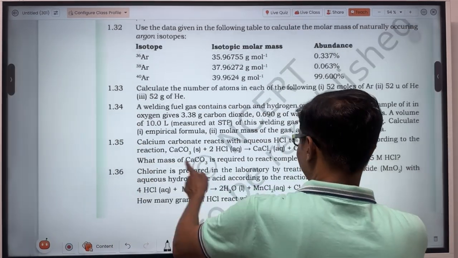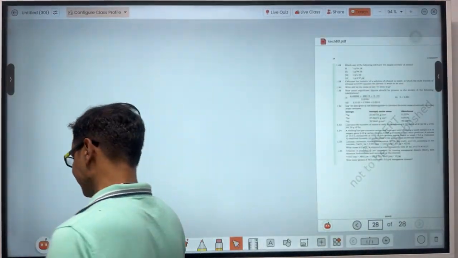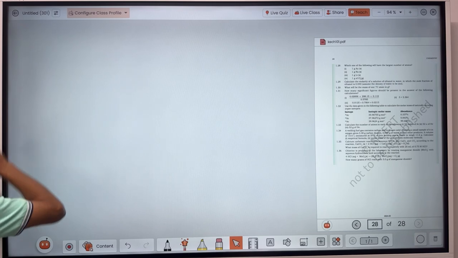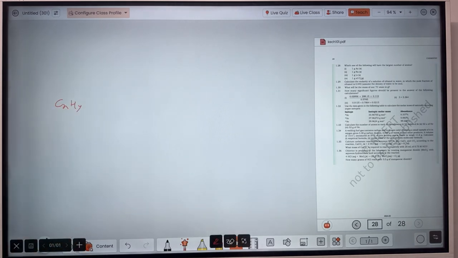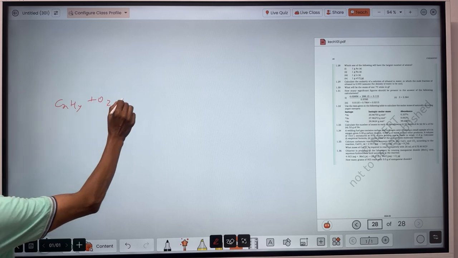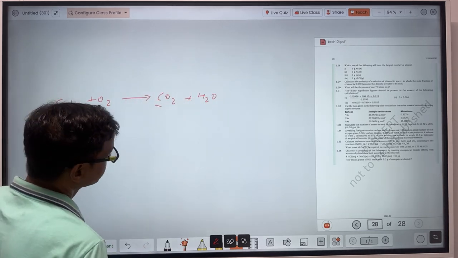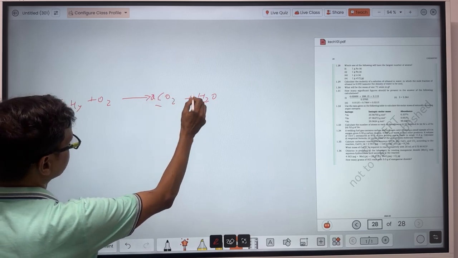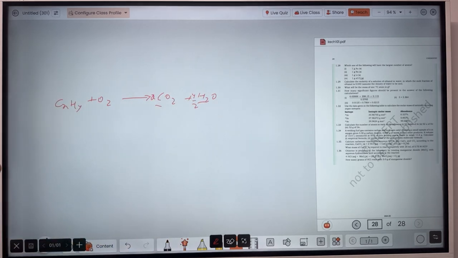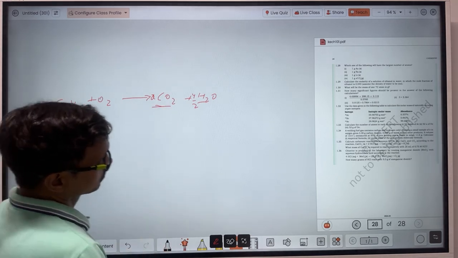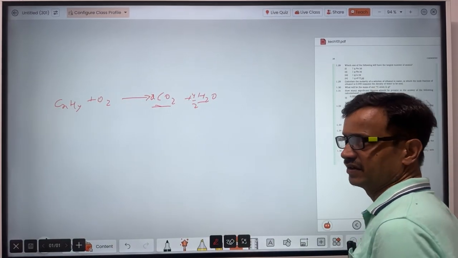Now I am solving this one. There is CxHy, suppose that is the formula. When that is burned, there will be formation of CO2 and H2O, with x and y by 2. But how much carbon there is, that we will have to find out. CO2 forms how much? 3.38 gram CO2 is forming.